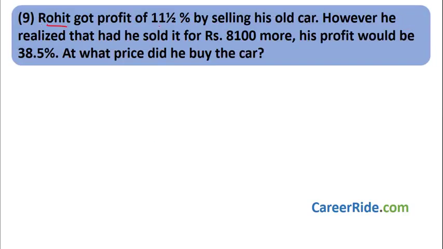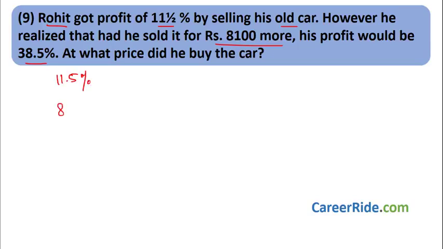Rohit got a profit of 11.5% by selling his old car. However, he realized that had he sold it for rupees 8,100 more, his profit would be 38.5%. At what price did he buy the car? Now this is very easy. Initially Rohit got 11.5% profit.